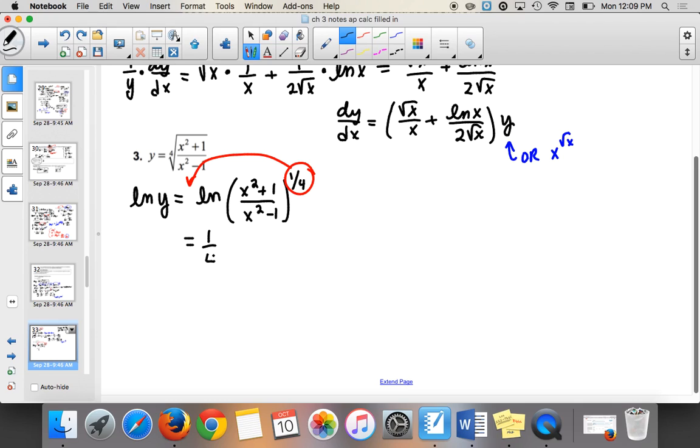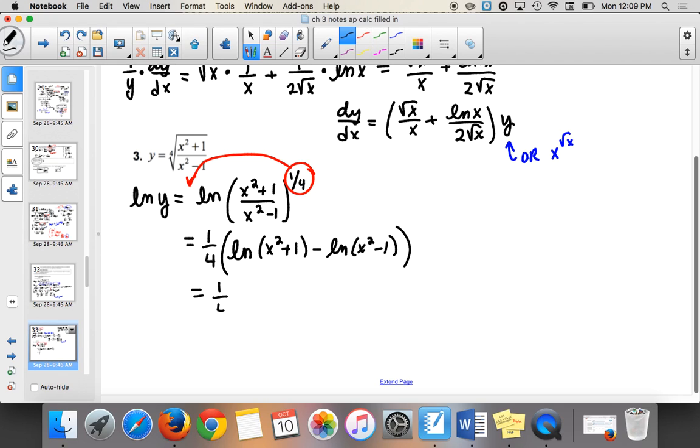So we have 1/4, and then we have natural log of a quotient. So we're going to write it as parentheses, natural log of x squared plus 1 minus natural log of x squared minus 1, parentheses. So see how the 1/4 could go into both of those? So let's go ahead and do that.